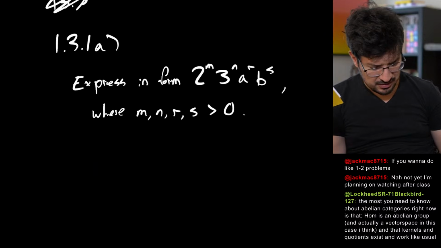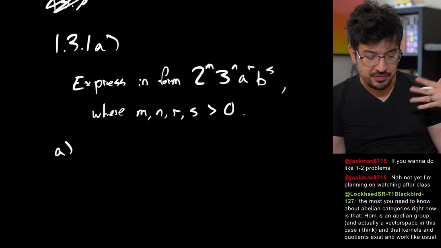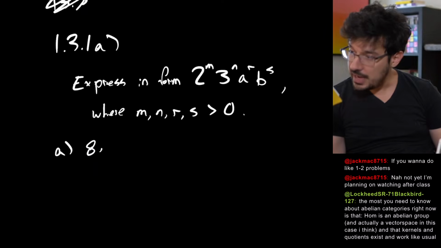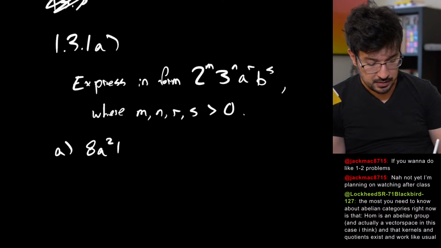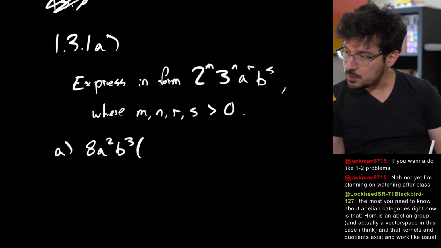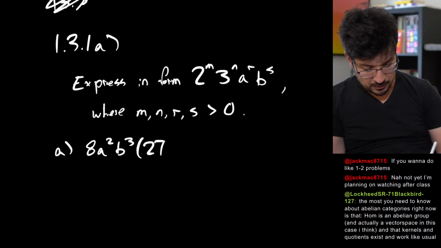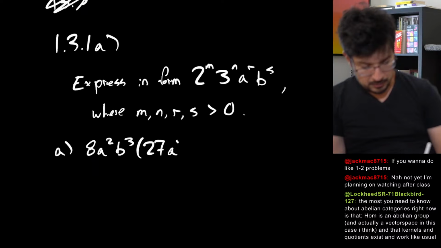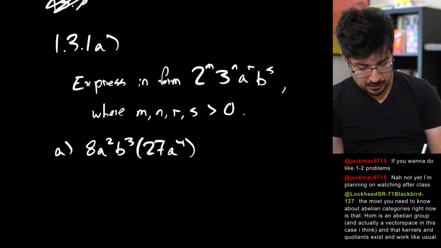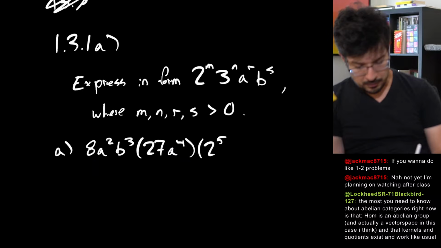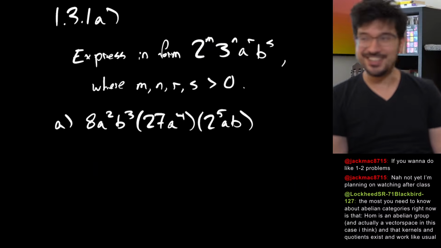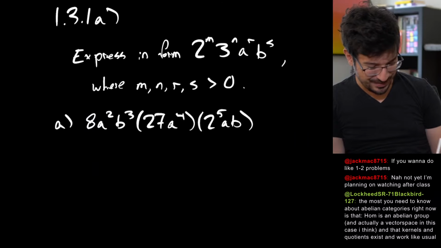It writes out the phrase positive integers, but okay, so part A, we've got 8a squared b cubed, 27a to the fourth, and 2 to the fifth ab. Okay, so this is our first multiplication exercise. I think it's pretty cool.